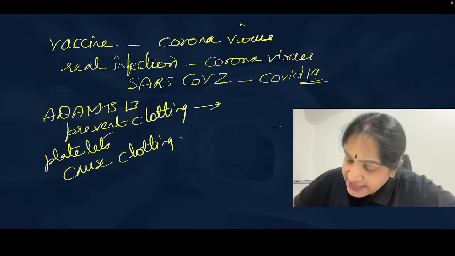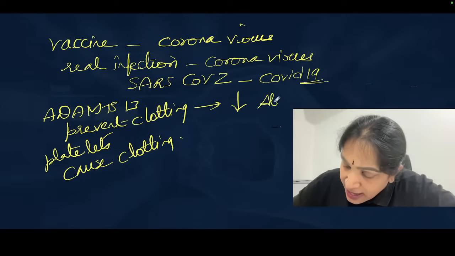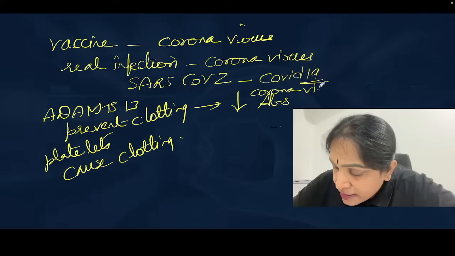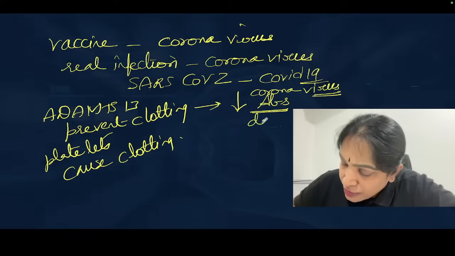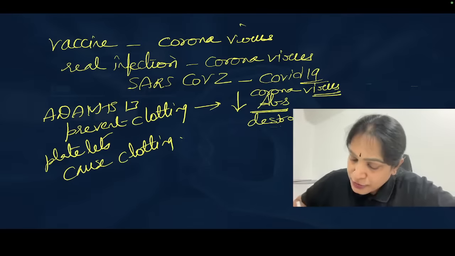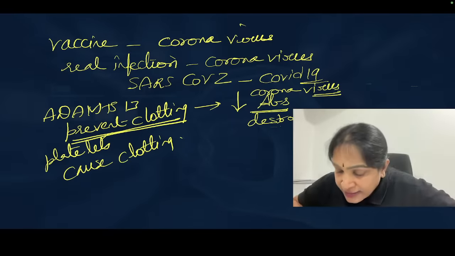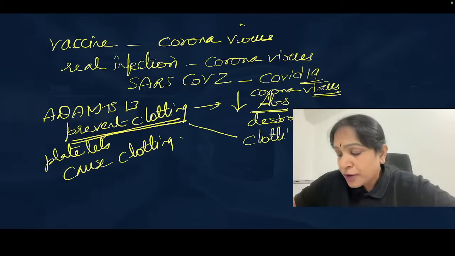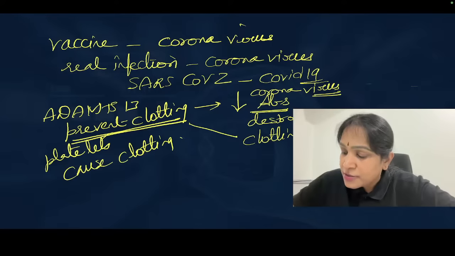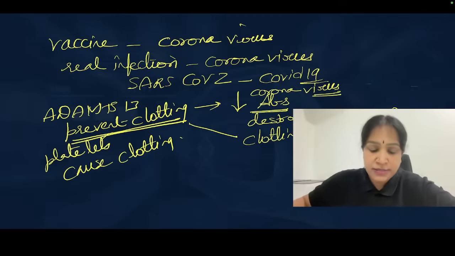Now, ADAMTS13 is decreasing, because the antibodies against the coronavirus are destroying that. Its function is to prevent clotting. Now, this is not there to prevent, so it will lead to clotting. That is called thrombosis. Is it clear?